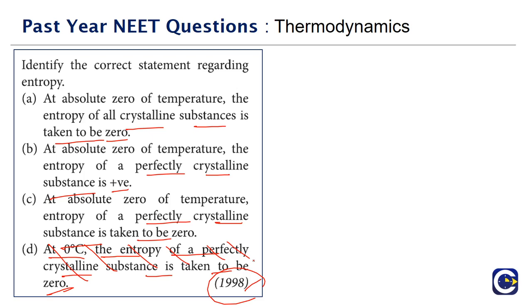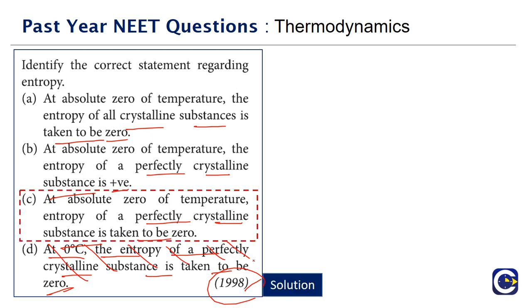It is not going to become 0 for all substances. It will be 0 only for perfectly crystalline or pure crystalline substances. So what is the correct answer? It is option C. At absolute 0, the entropy of a perfectly crystalline substance will be 0. That is the reference for entropy.